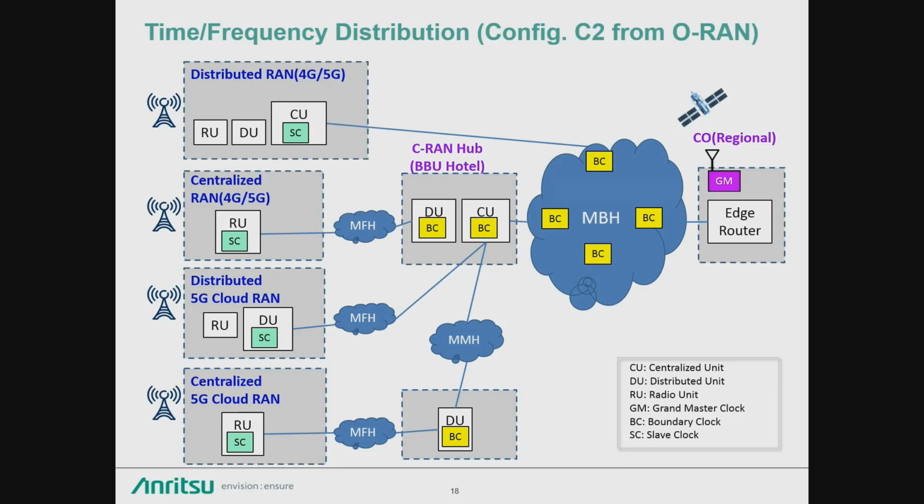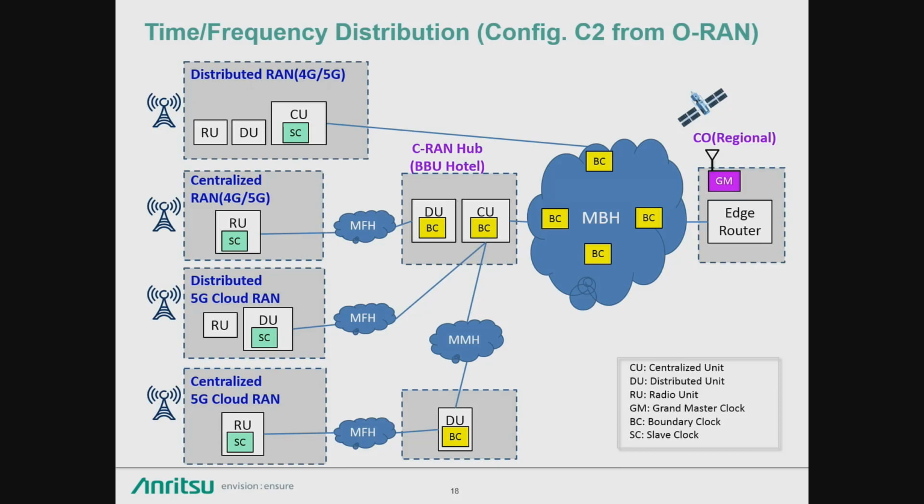Boundary clocks are important because each one of the boundary clocks retimes every time they receive a signal, every time they receive a PTP packet. I bring that up because later I'm going to be talking about non-retimed network elements. That falls under a different profile, and we'll talk about that in a little bit. But you'll see each one of these BCs communicating through to the grandmaster.